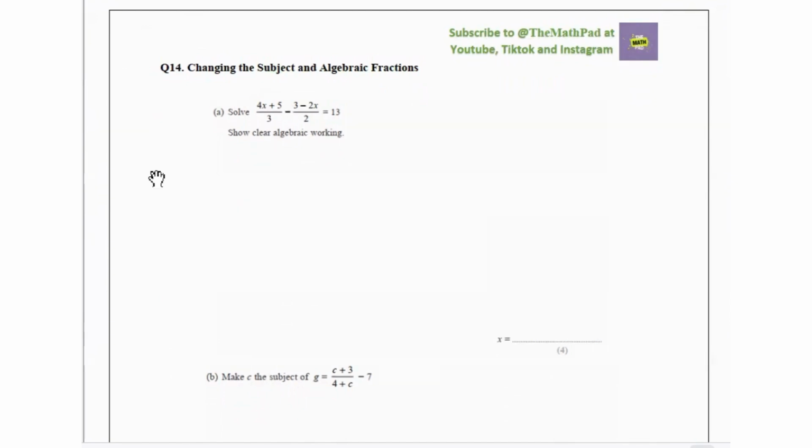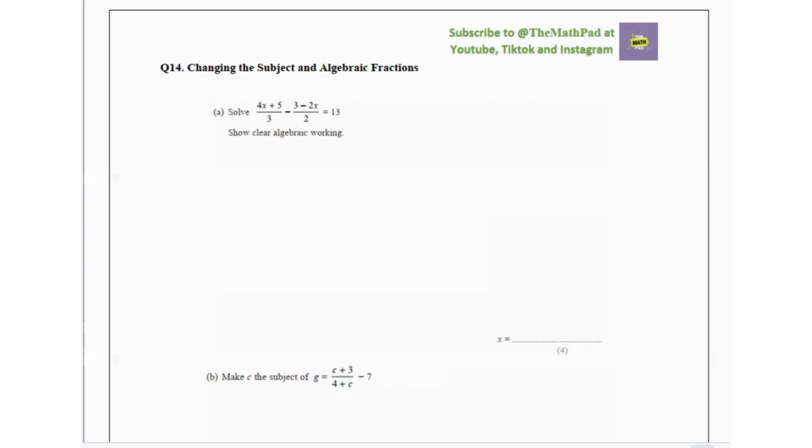Whenever we have an algebraic fraction, or even a normal fraction, with different denominators and they're being added or subtracted, the only way we can solve it is to make the denominators equal first. To make the denominators equal, either you go for finding the lowest common multiple or you just multiply each fraction by the denominator of the other fraction.